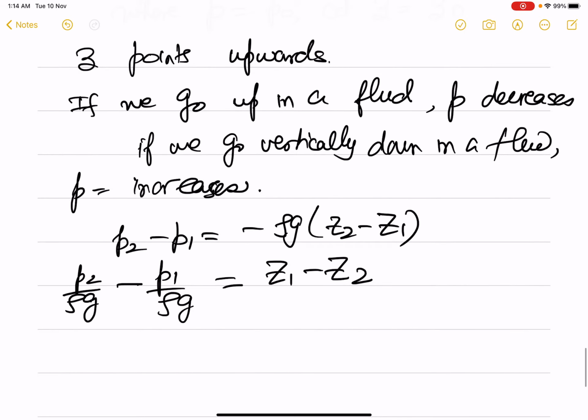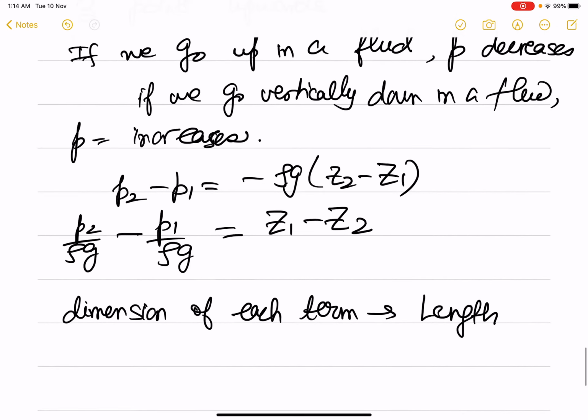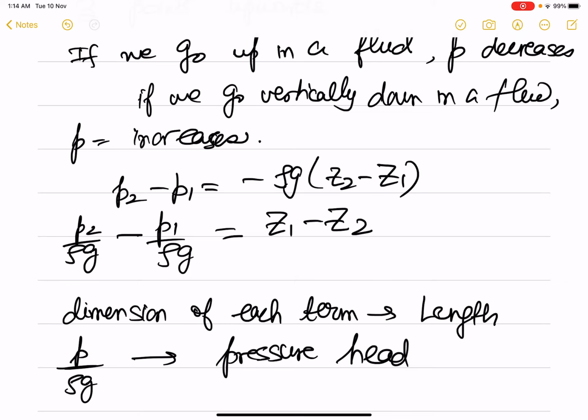Now here the dimension of each term is that of length. And this P by rho g is referred to as the pressure head.